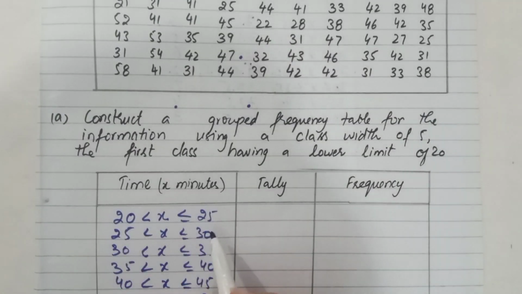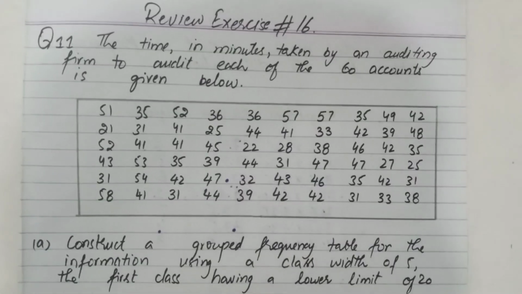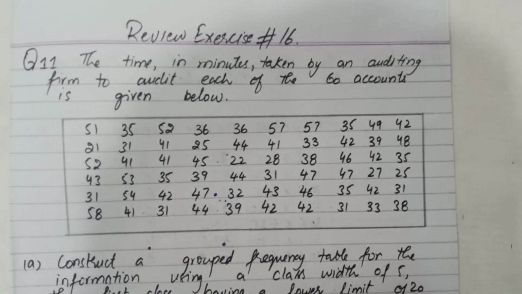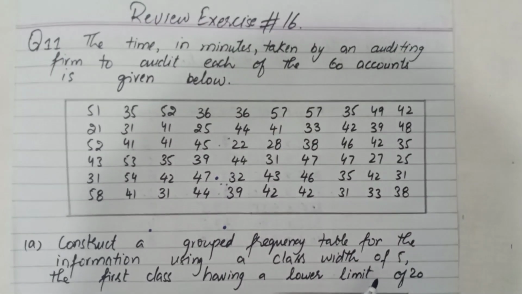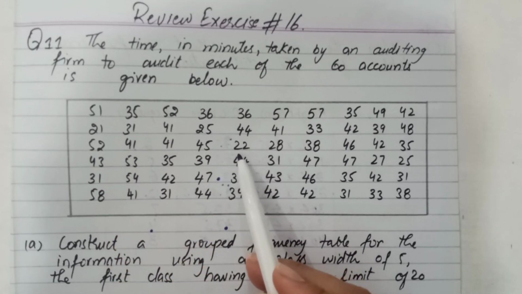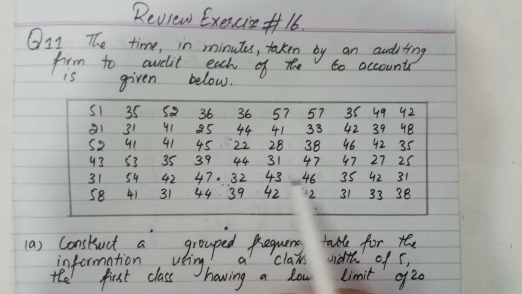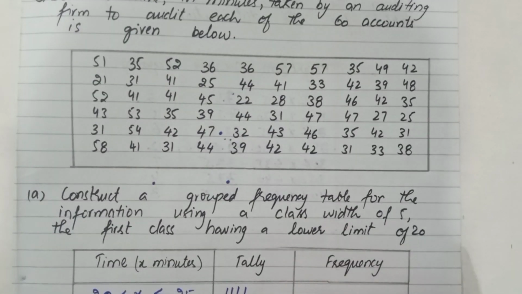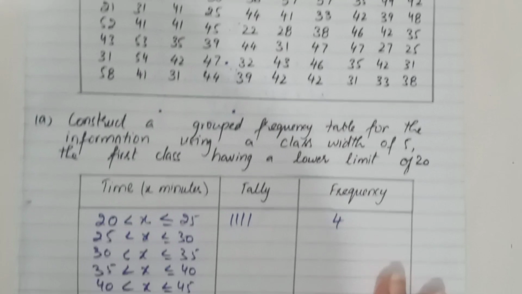From 20 to 25, how many values are there? We have to observe this data. Yes, students, from 20 to 25, we observe the values 1, 2, 3, and this one 4. We have to observe it carefully.